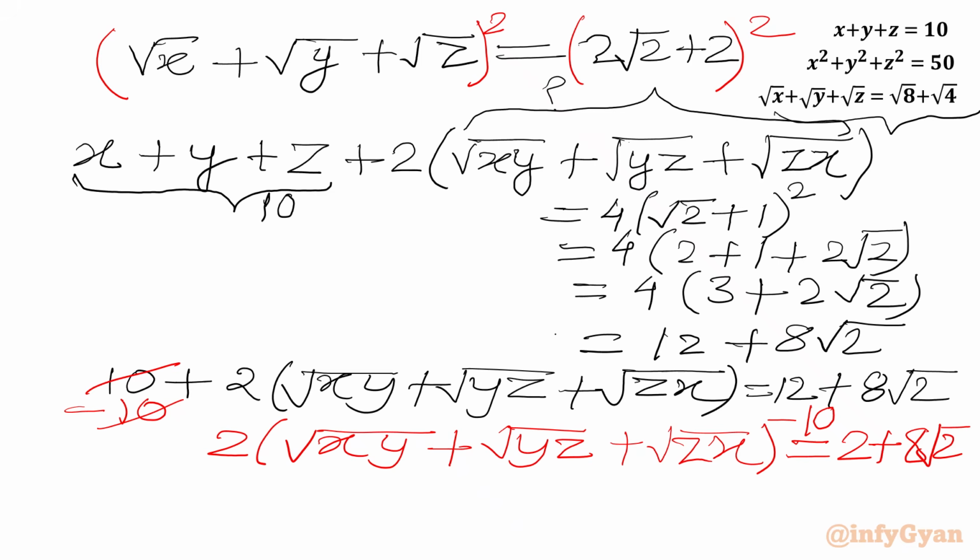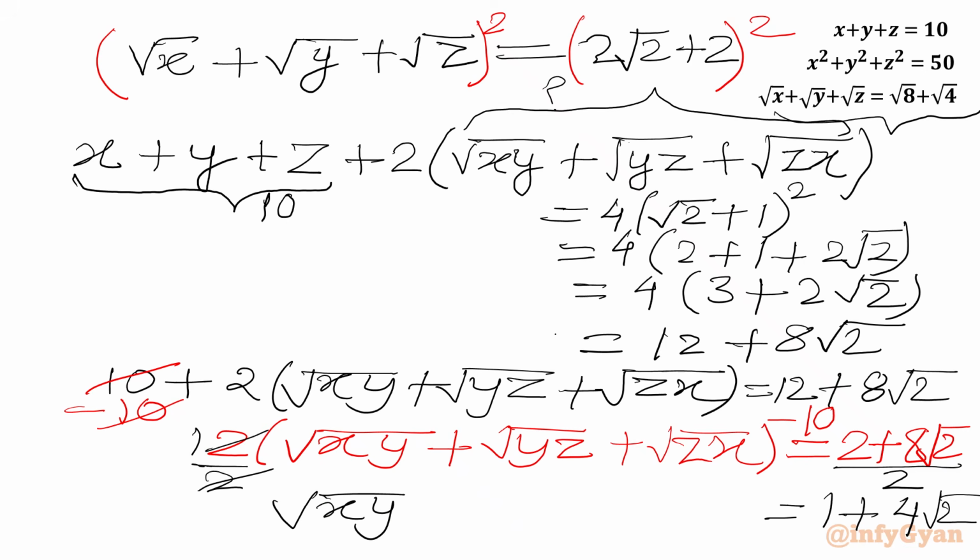Now we have 2 as a multiplier in the left hand side, so I will divide here by 2 to cancel that 2. So we have to divide RHS by 2. 2 over 2 will give us 1. Here we will get 1 plus 4 root 2. LHS will become square root xy plus square root yz plus square root zx.